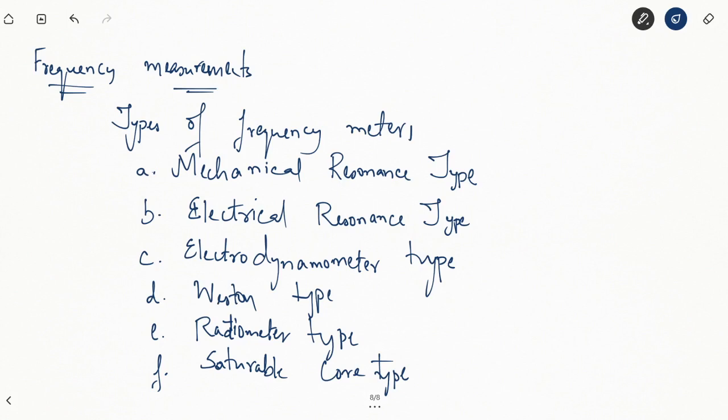Those are the digital metering devices, the oscilloscopes, the electronic counters. So using those we can digitally measure the frequency. We'll be going through all of these one by one. We have the mechanical resonance type first, also known as a vibrating reed type.